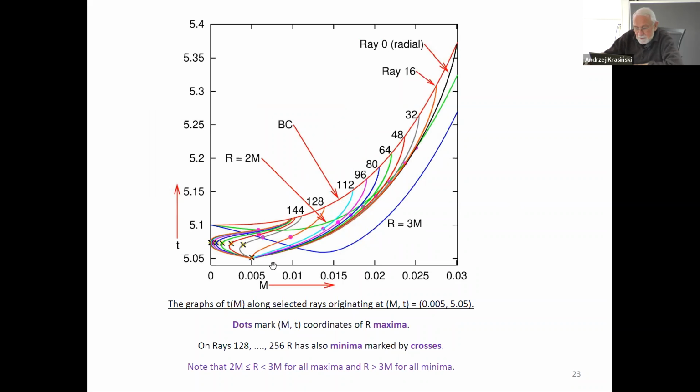This is the T-M diagram, and dots here show maxima of R, crosses show minima. So as I told you, this green curve here is R equal to m. This blue curve is R equal to 3m. So as I told you, the maxima are all between 2m and 3m, and the minima are all at R greater than 3m.